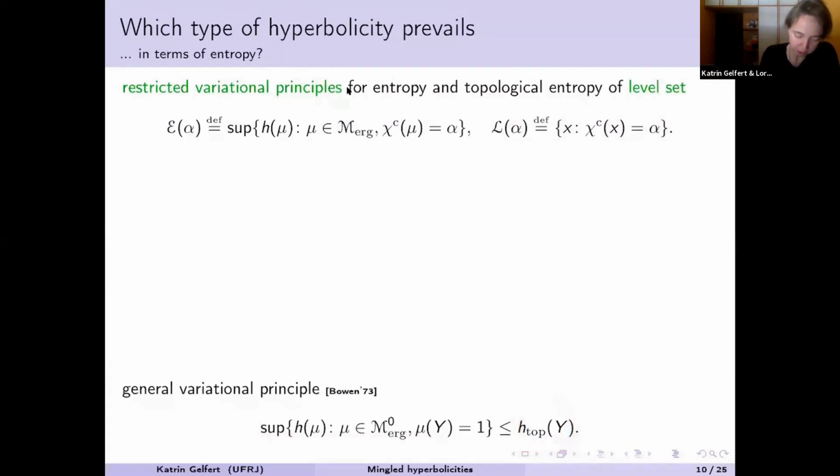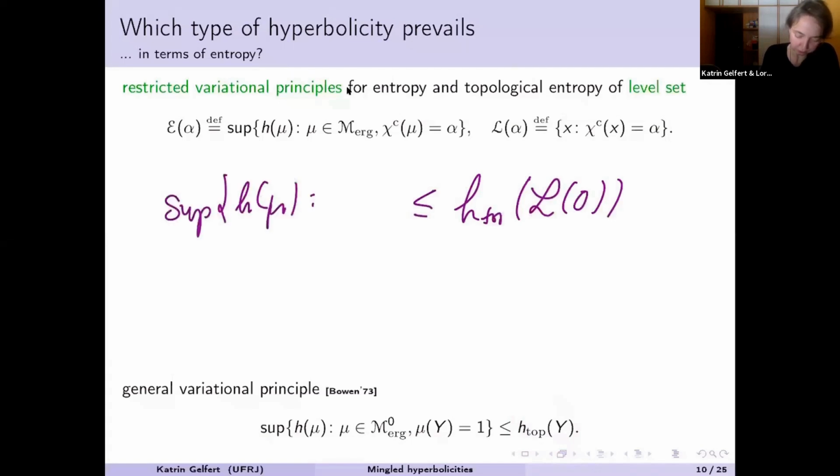In particular, you can put here the level set of points with 0 exponent, and you get this first result, which says that it cannot supersede this number. Okay, but you can ask what is this value, and in fact this is still an open and interesting question we're not yet able to answer.